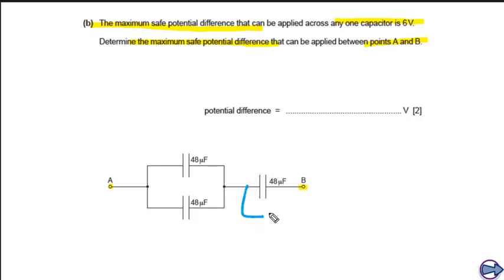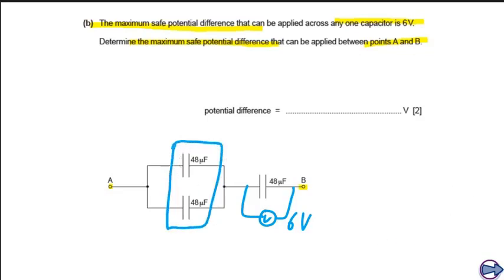So let's say for this capacitor, the potential difference we can apply across this one can be equal to 6 volts. So this one is okay, and this is the maximum potential. But the problem is, how about across these two capacitors, how much potential difference can we apply?